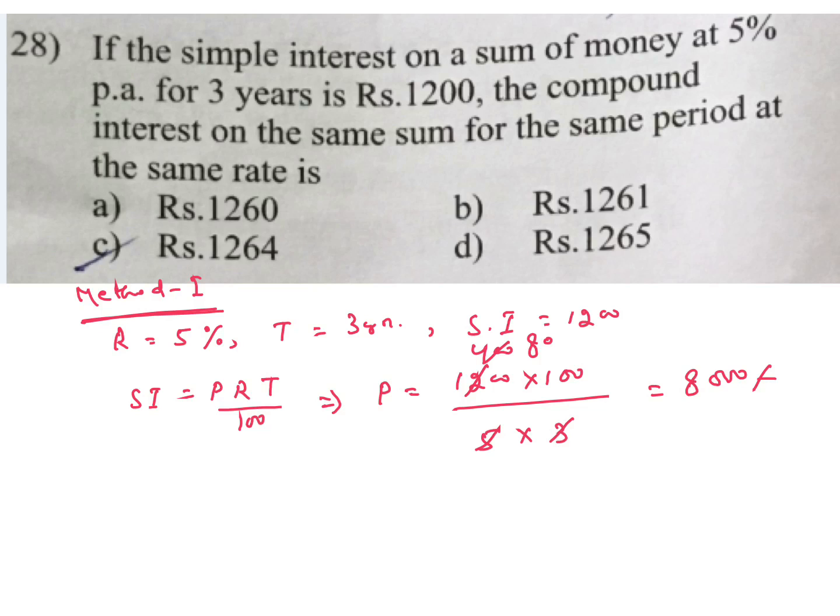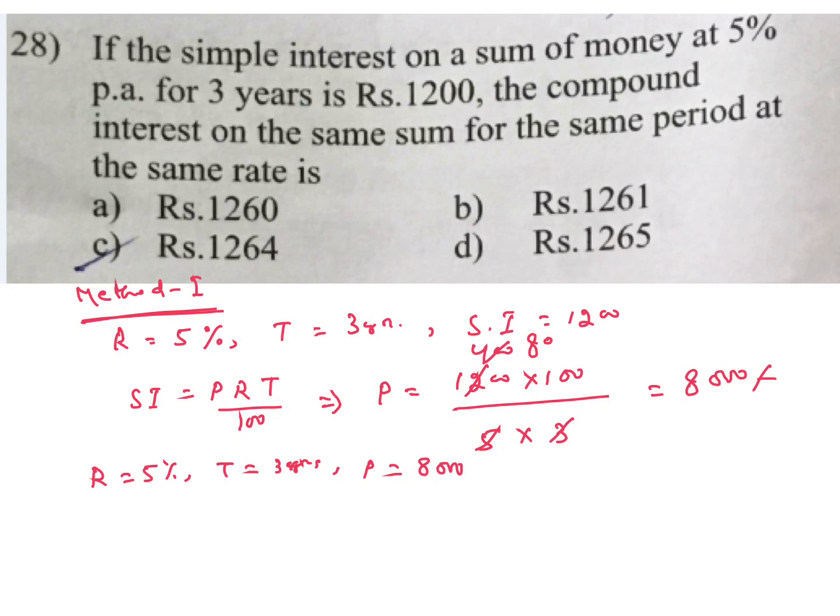Then compound interest for the same period at the same rate. So rate is the same, 5%. Time is 3 years. Principal is 8,000.